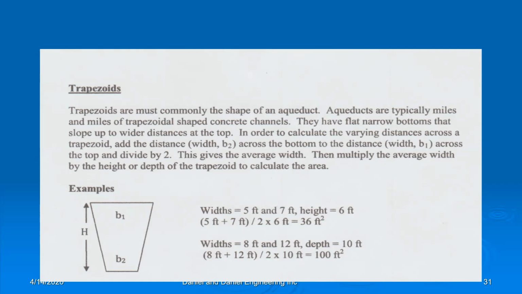So you have these aqueducts to transmit water, and the cross-sectional area, so to speak, is trapezoidal, all right? And as I said, it has a flat, narrow bottom, and then it slopes towards the top as it gets wider as it rises. So the top ends up being wider than the bottom.